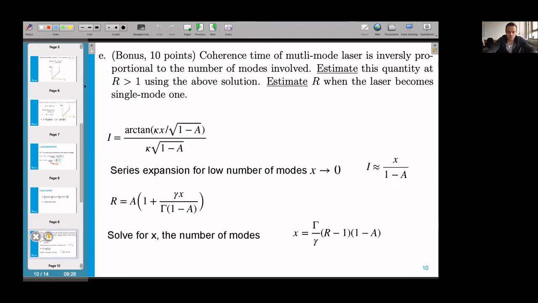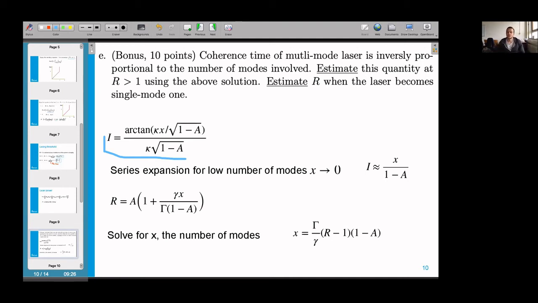And we're also going to look at the bonus question very quickly. What you're asked for ultimately is to estimate when the laser becomes single mode. So as you remember previously, we have found this integral, or this sum, in the following manner, where x now is just the number of modes.